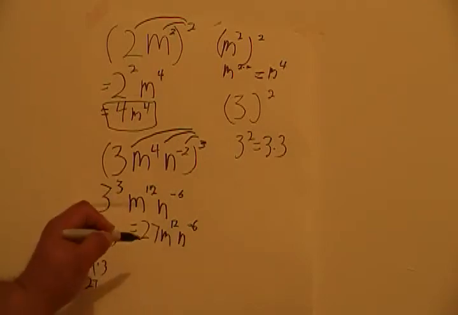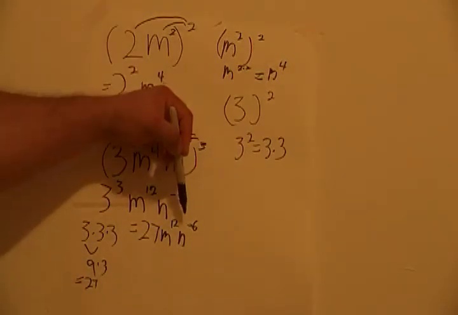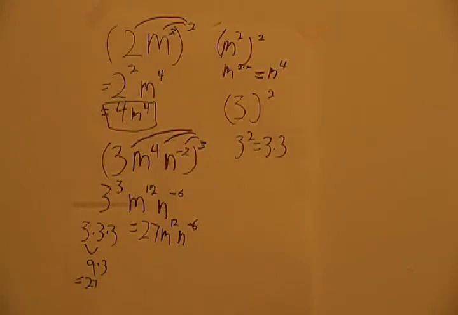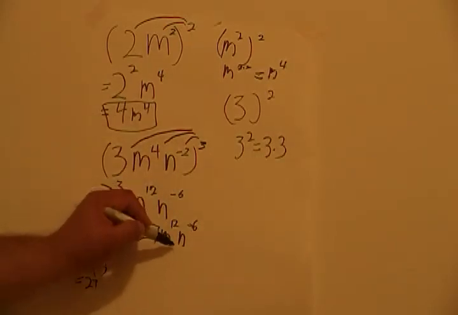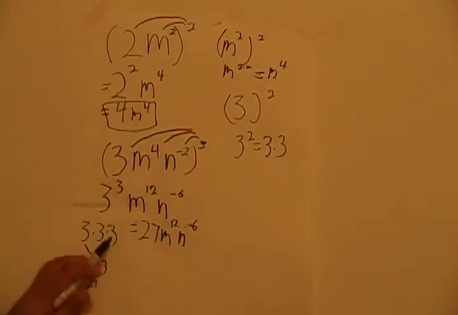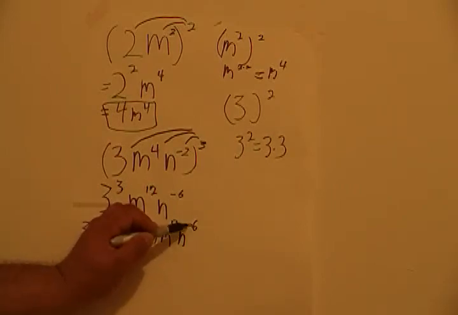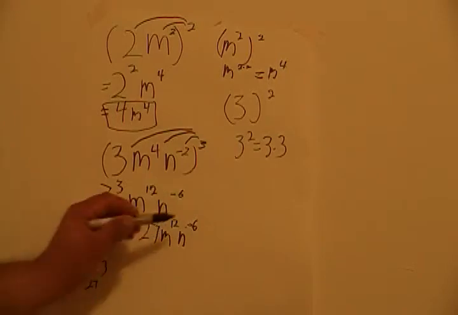they'll probably want this in fraction form. So let's look at n to the minus 6 here. Remember we said if we have negative powers, what does that represent? It represents a fraction.